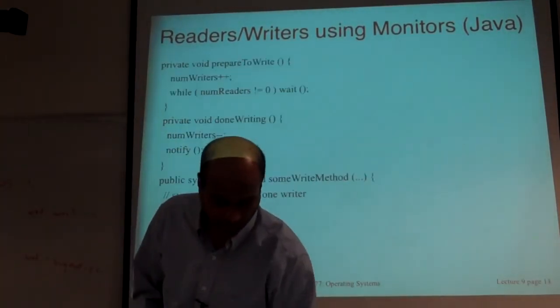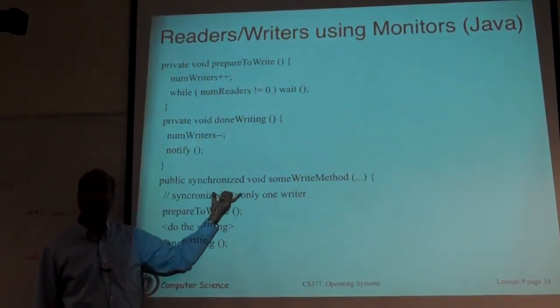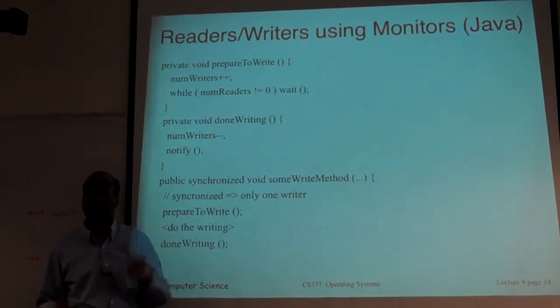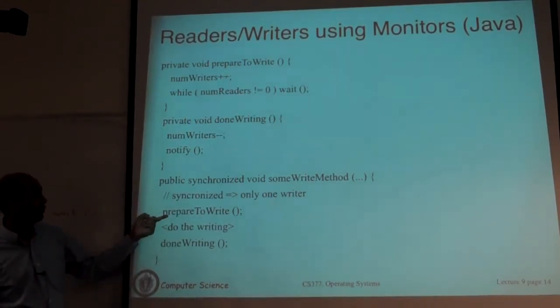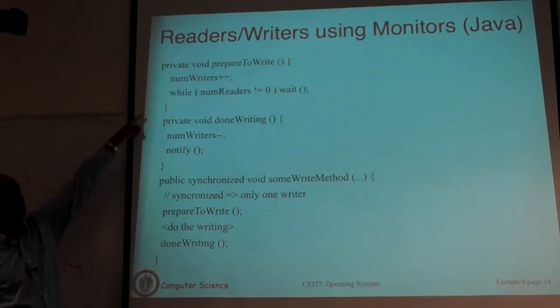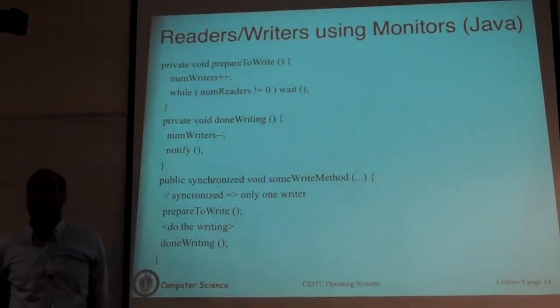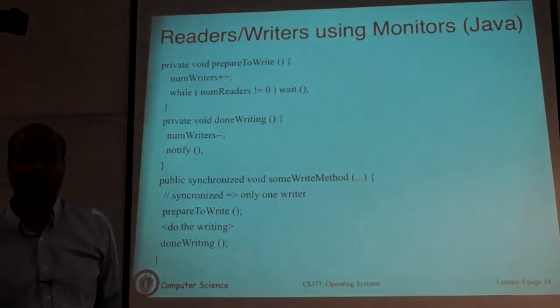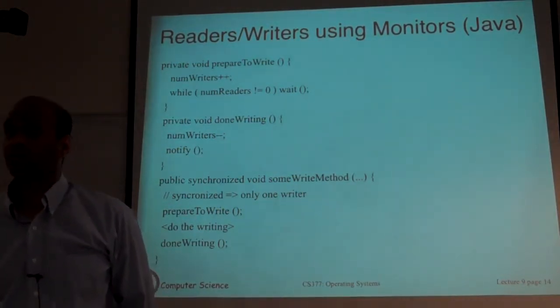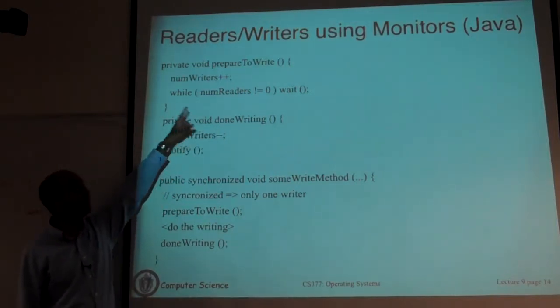Here is the code for writers. The write method is synchronized, so only one writer can go in at any time, and you call prepare to write, do the writing, then done writing. Prepare to write is up there. You increment the number of writers and it says if there is at least one reader, I can't write, I have to wait. So you wait for the readers to be done, and then some reader will wake you up.